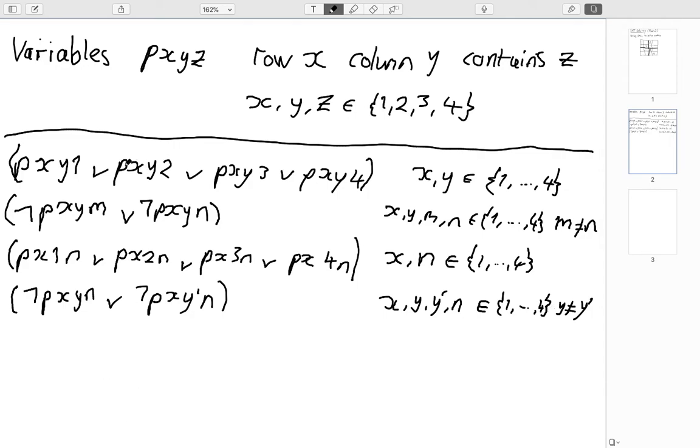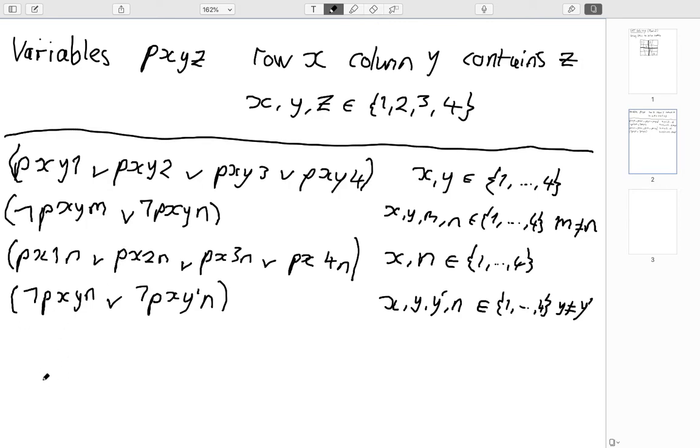Okay, so far we've said each square contains at least one number, and it doesn't contain two different numbers. Similarly, each row contains at least one number, and it does not contain two different numbers.